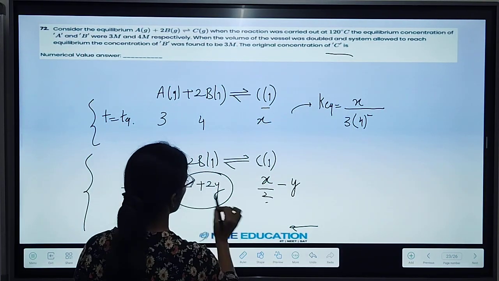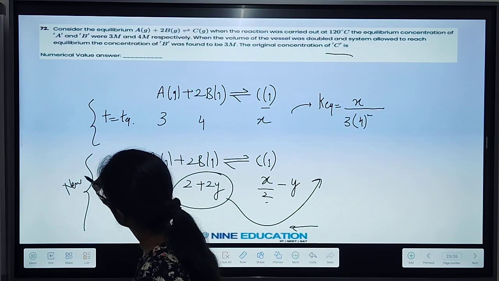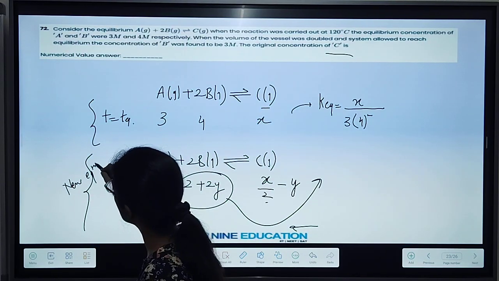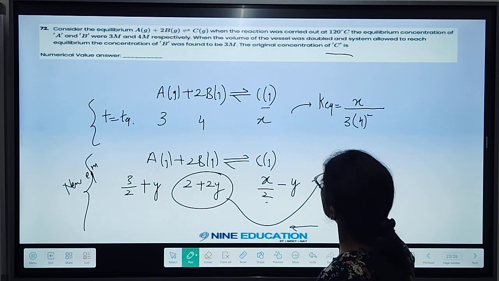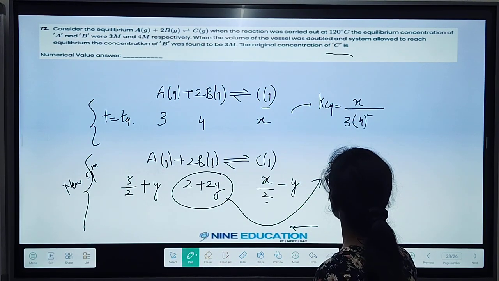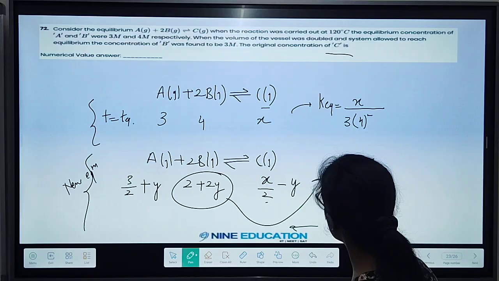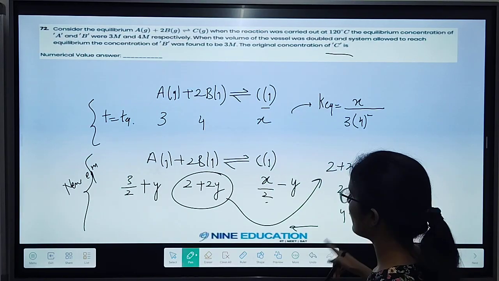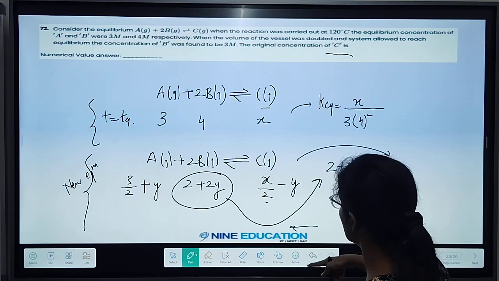In the new equilibrium, we have B as 2 plus 2Y, and the B concentration is already given as 3. Solving this, 2Y is 1, so Y will simply be 1 by 2, which means 0.5. Now I will write the K equilibrium expression from this also.